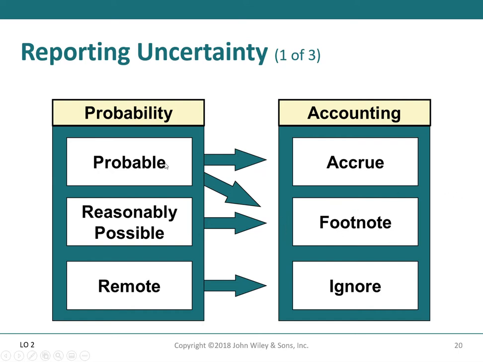Okay, so when something is probable, like warranty, we do accrue it, right? Because we know we're going to have warranty claims, we just don't know how much. So we would accrue that, and we would put a note in our financial statement. So let's say, for example, reasonably possible.